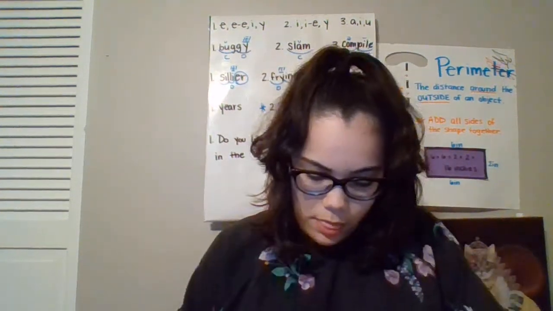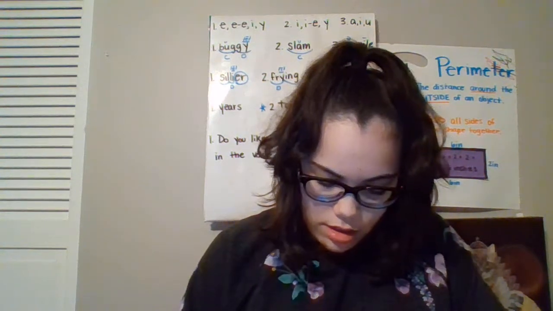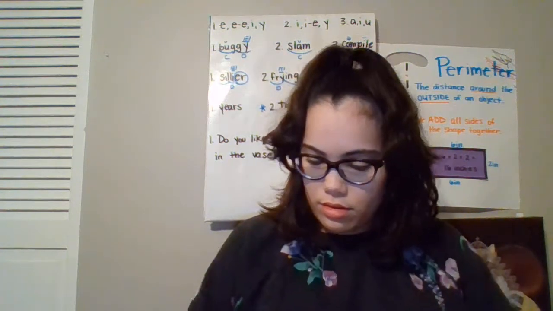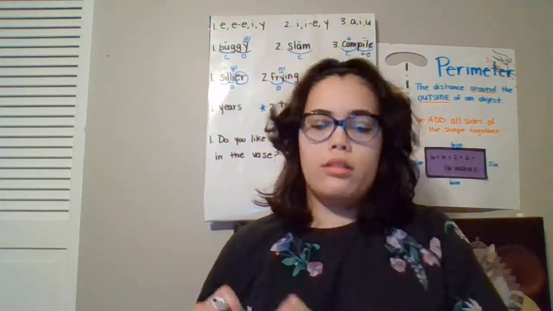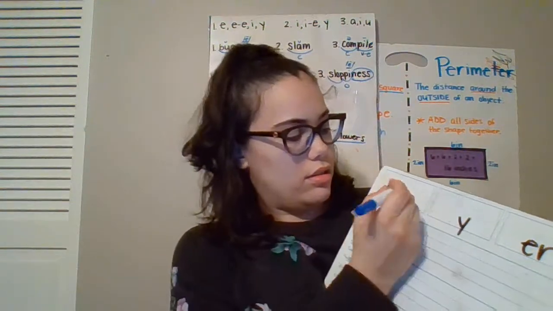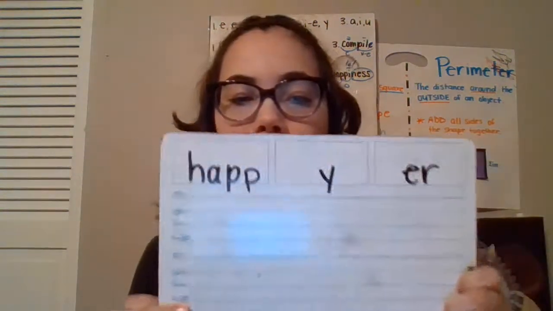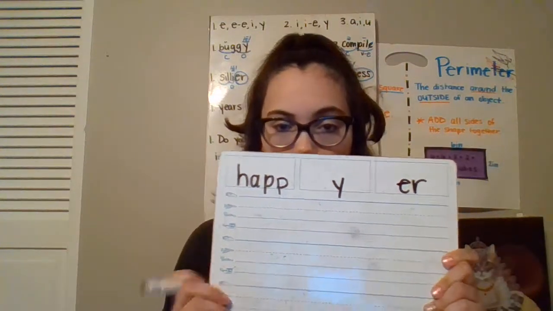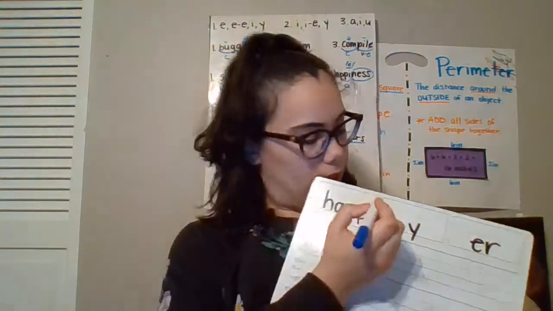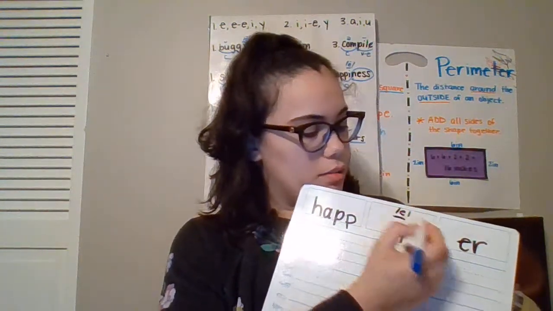Let's do it with another word. Let's do it with happy. So we have happier. So if I were to take happy and add an ER to the end, first let's mark this Y. This Y is making a long E sound, happy. But look here.